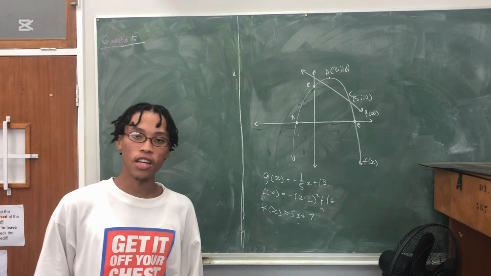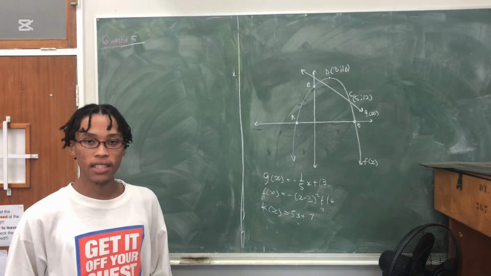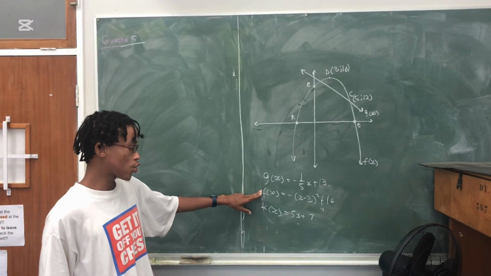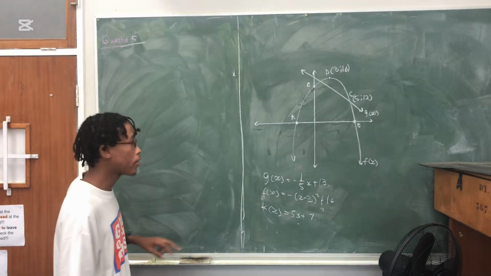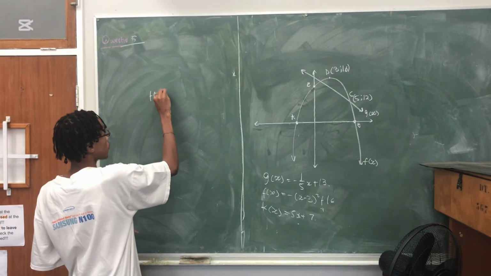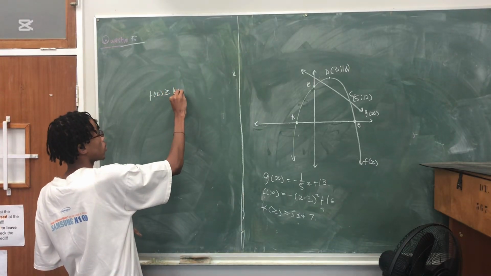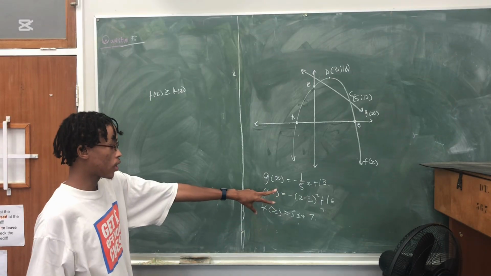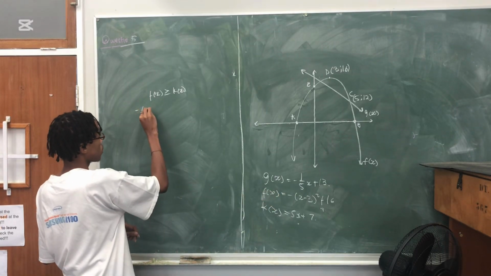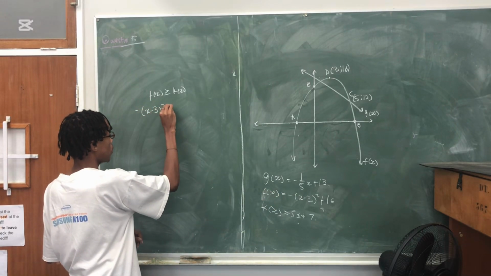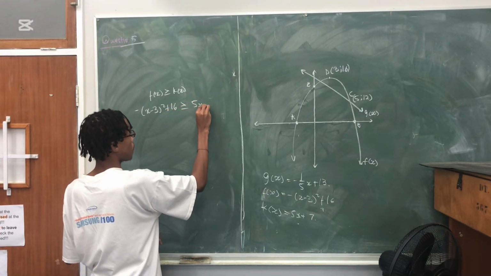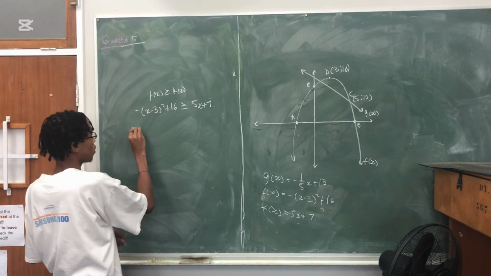The next question is asking us to find values of x for which f of x is greater than or equal to k of x. What we're going to do is substitute with the equations. Negative (x minus 3) squared plus 16 is greater than or equal to 5x plus 7.